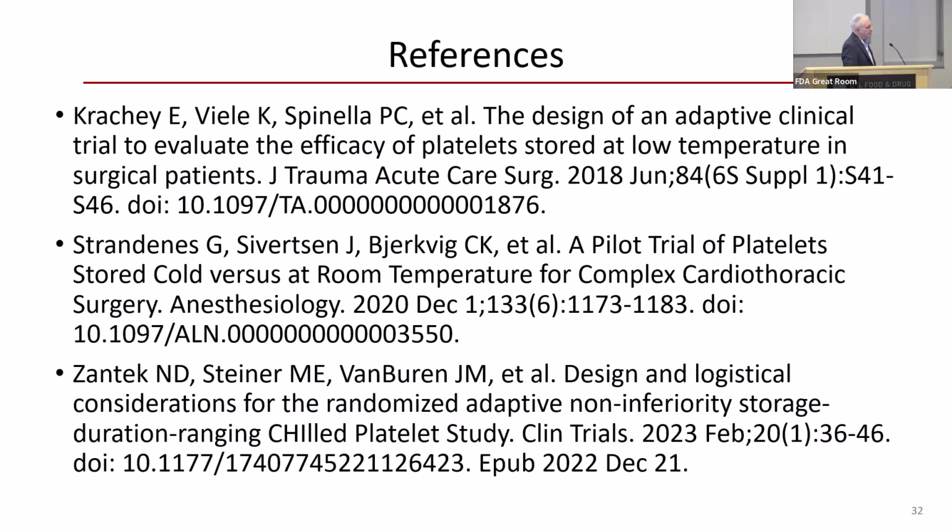So I just wondered if there was thought about the concern of a secular trend being confounded with longer durations in the cold storage arm. But overall, I was just really impressed with it. I thought it was soup to nuts, really great. Great. Thank you very much.